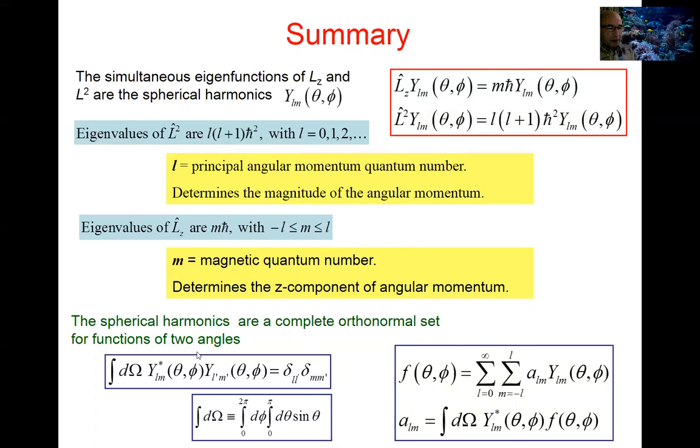So an important part is obviously that these wave functions are normalized and they form a complete set. Therefore, other functions, which are functions of theta and phi in polar coordinate system, can be represented as a linear combination of spherical harmonics, which is a widely used property. So now we are equipped to move to other systems which have also spherical symmetry or central symmetry.